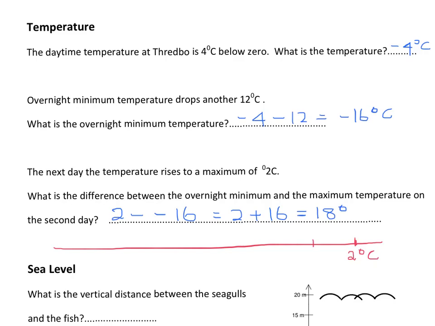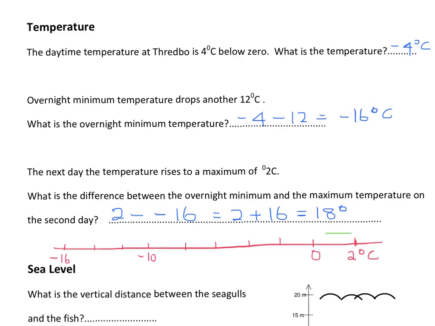There's 0 degrees, and we're going to count down to -16 degrees, so -2, -4, -6, -8, -10, let's write that one in, -12, -14, there's -16.